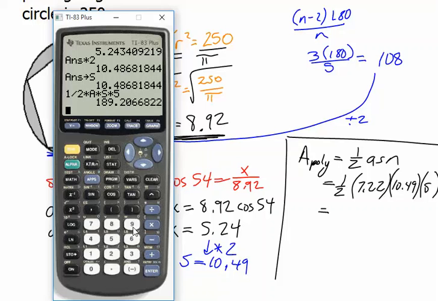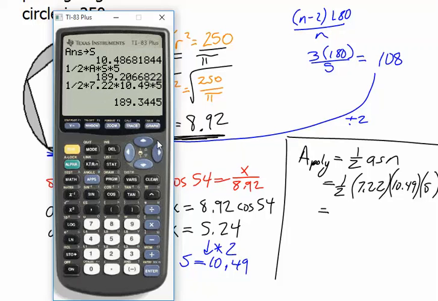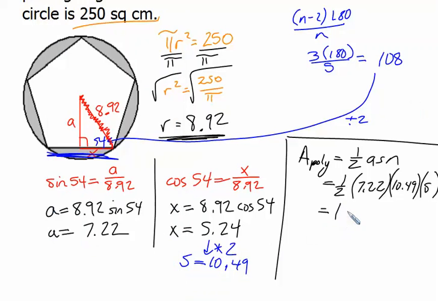Now sometimes it's good just to double check and make sure you use the right numbers. So it's 1/2 times 7.22 times 10.49 times 5. Notice how they're not exactly the same thing because we lost some of the precision and accuracy by rounding. Ideally, it's 189.21 for the area of our polygon.